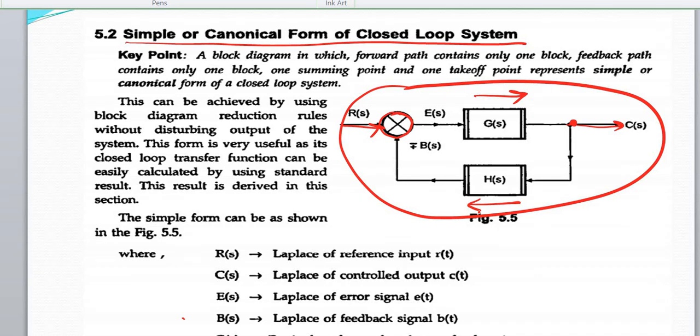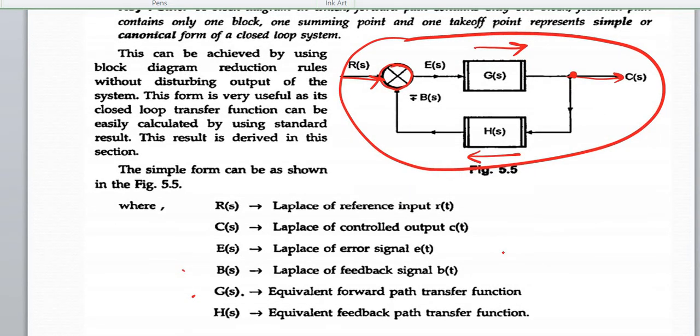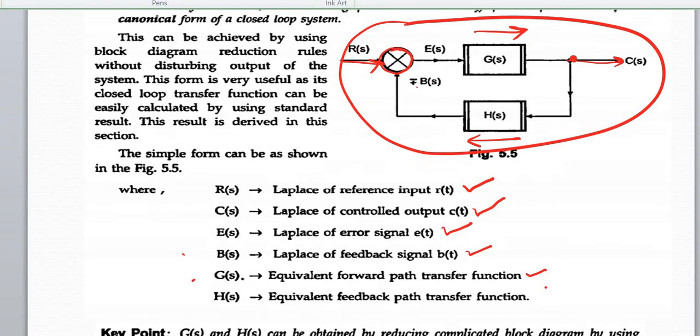The notations used in this simple canonical form are: R(s) is the Laplace transform of input r(t), C(s) is the Laplace transform of output, E(s) is the Laplace transform of the error signal, B(s) is the Laplace transform of the feedback signal, G(s) is the equivalent forward path transfer function.